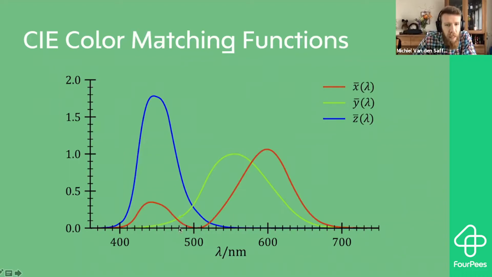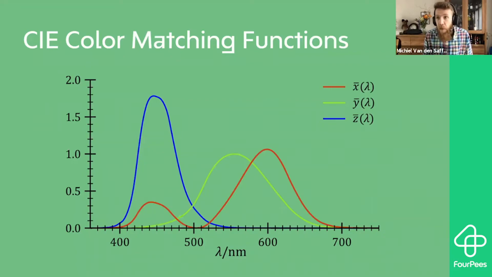So if we look, for example, around here at the 475 nanometer mark, we would need a certain amount of red, a certain amount of green, a certain amount of blue, and that would result in the color that we would see at that wavelength of radiation. And because of this, because of the work they put in to create these curves, we now have mathematical data on how humans interpret wavelengths of radiation as color.